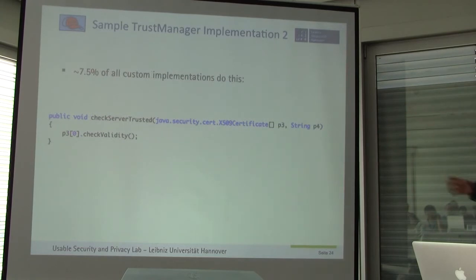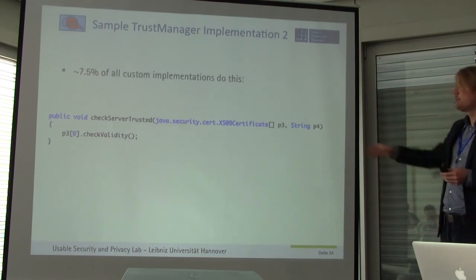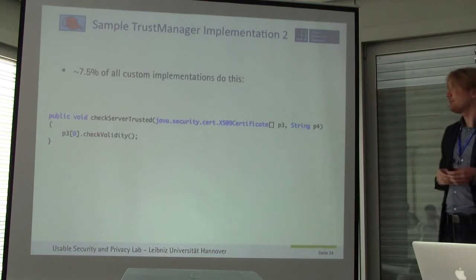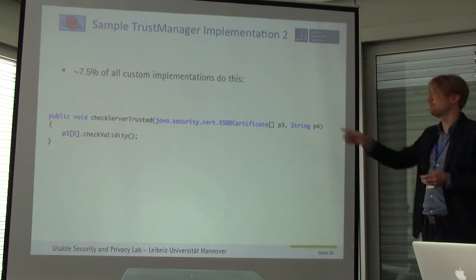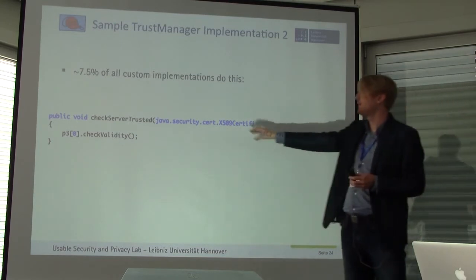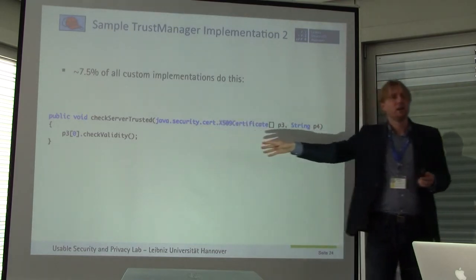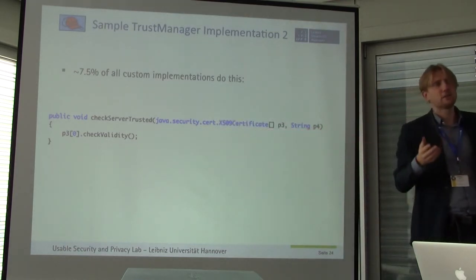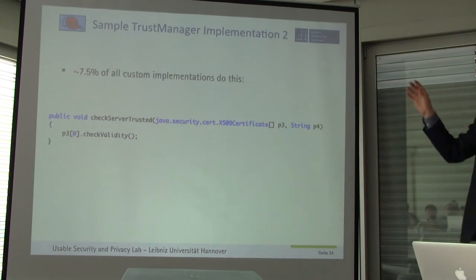But there are also other cases where people are trying to do things which actually make sense. Almost 10% of the custom implementations customize the check server trusted method, and they get the certificate and then check the validity. That's a good thing, because that doesn't necessarily always happen by default, they think.